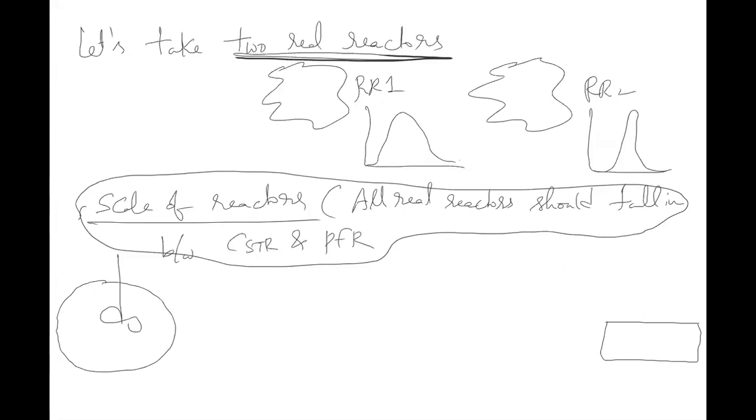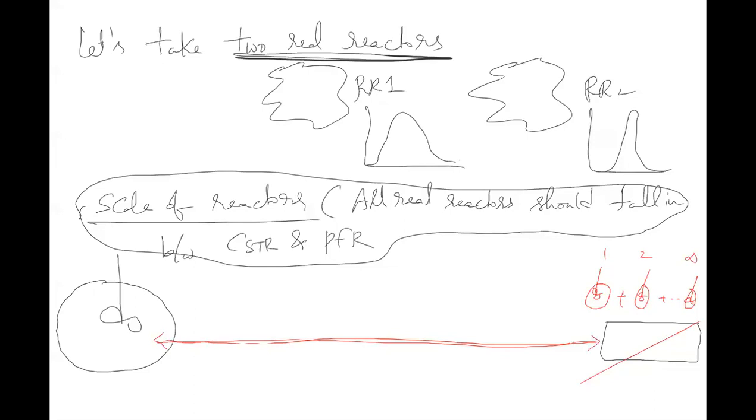Now what is PFR? I am eliminating PFR. What I am writing is PFR as, let's say, infinity CSTRs in series. So the scale of reactors indicates 1 to infinity, that is, single CSTR to infinity CSTRs in series.